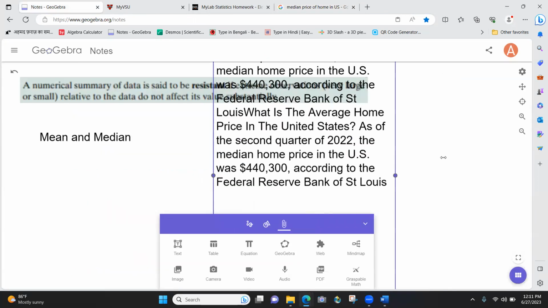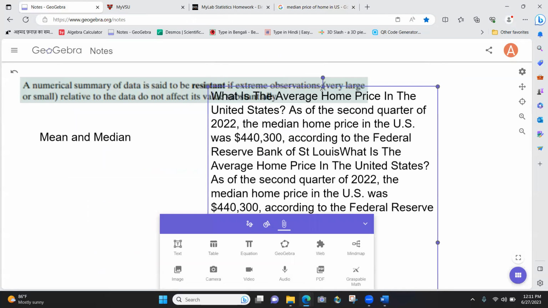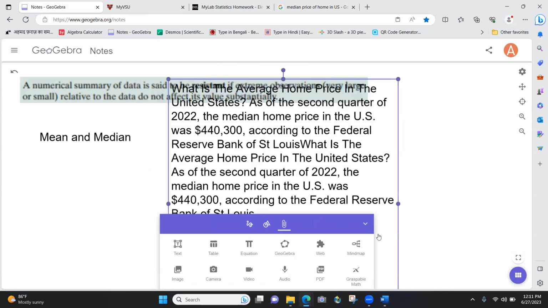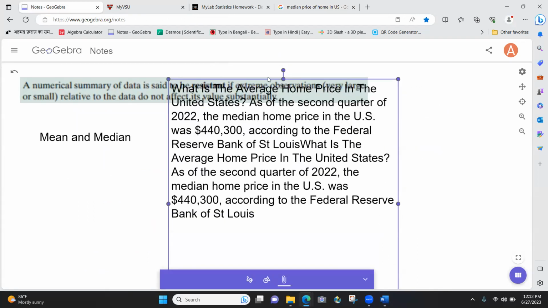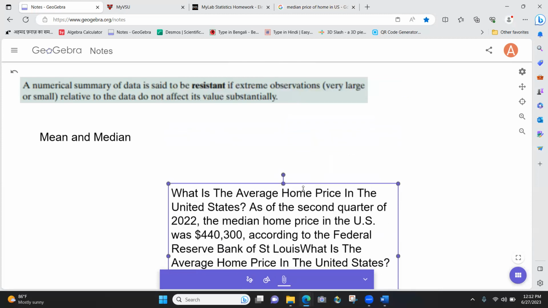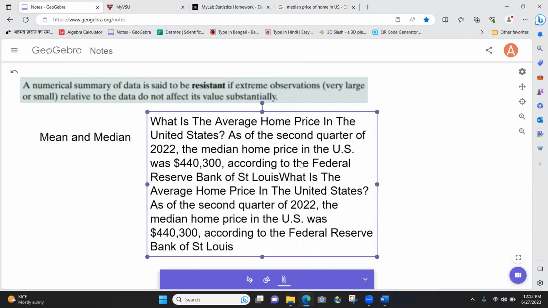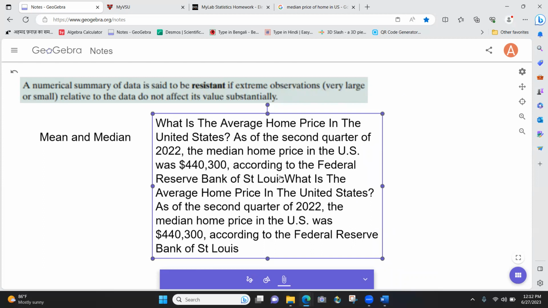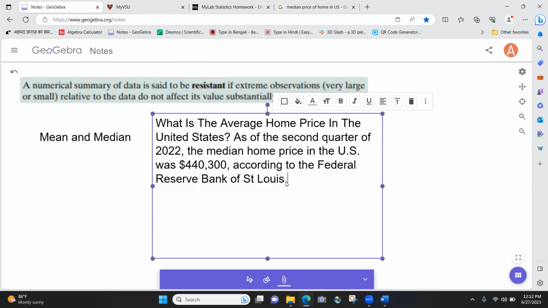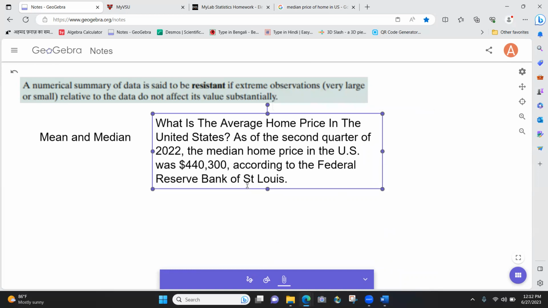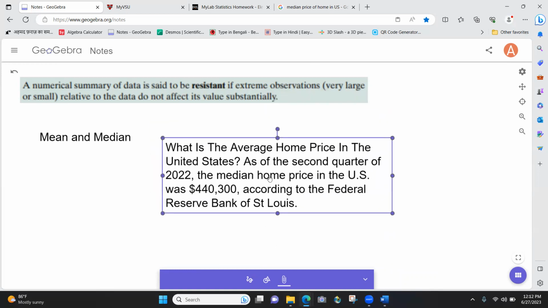The reason we choose median is that if we averaged all the homes in the US, adding them all up and dividing by the number of homes, it would be so large that most of us wouldn't be able to relate to it.